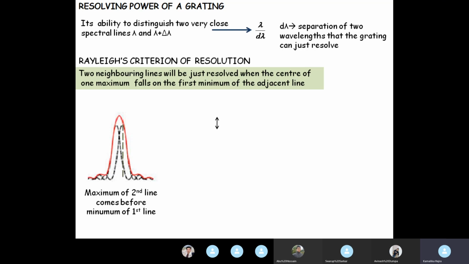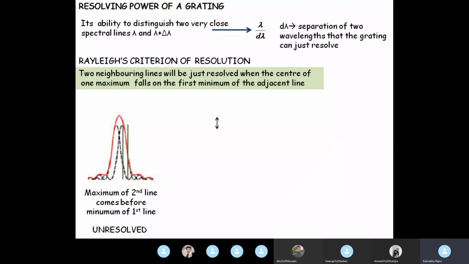And so according to Rayleigh's criterion, these lines are unresolved. They are so close together that when you draw an envelope, it shows one single peak instead of two separate peaks. All right.